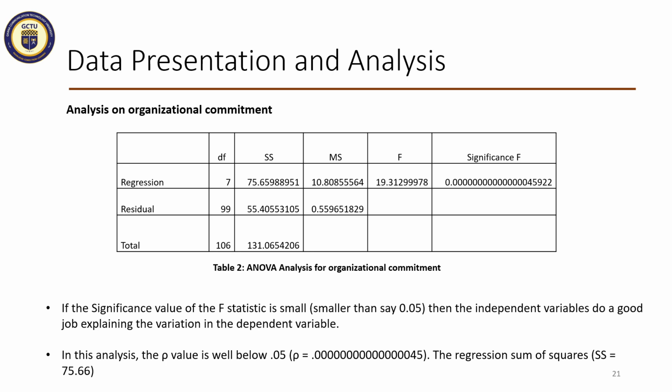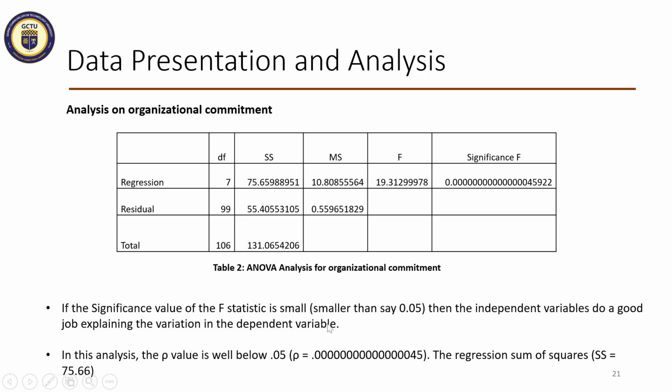Now, over here, we are still on the organizational commitment, and in here, we are looking at the ANOVA analysis. Sorry, the most important thing you need to mention is that over here, we are trying to test the p-value. The p-value is the significance value of the F statistic. So if the p-value is less than 0.05, then the independent variable does a good job in explaining the dependent variable.